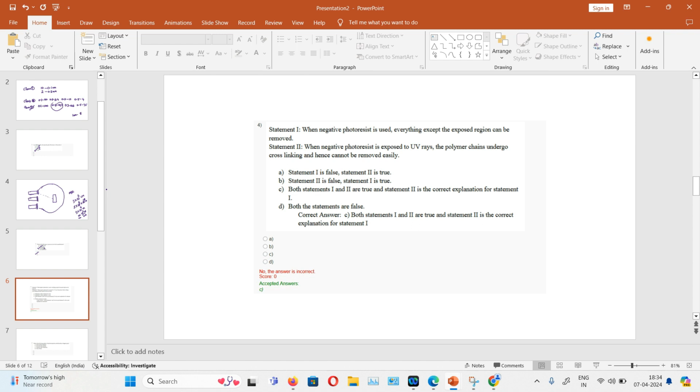So the answer is C. Statement 1 is correct, statement 2 is also correct, and statement 2 is an explanation of statement 1. So, C.